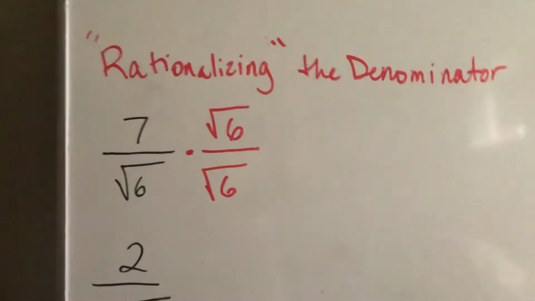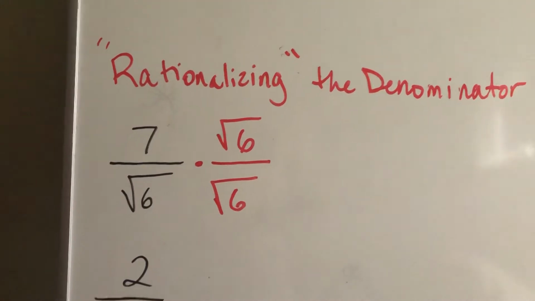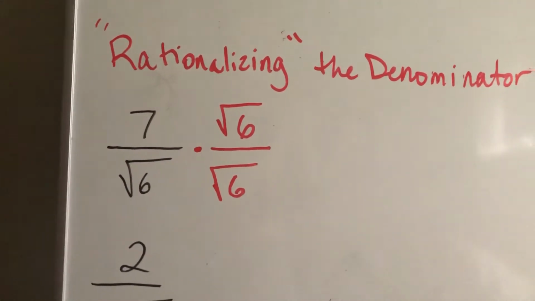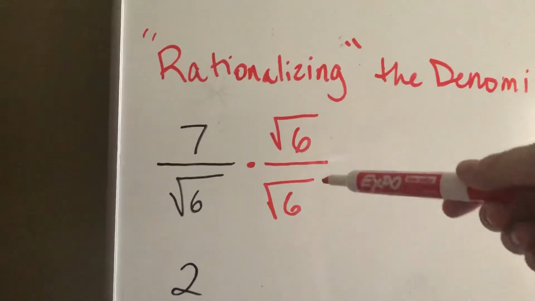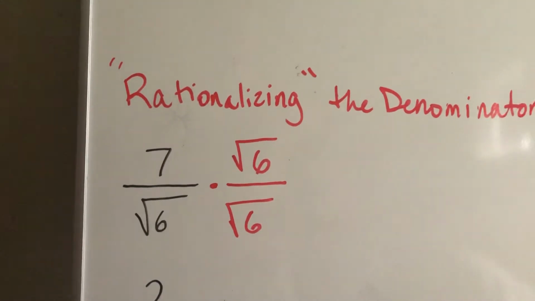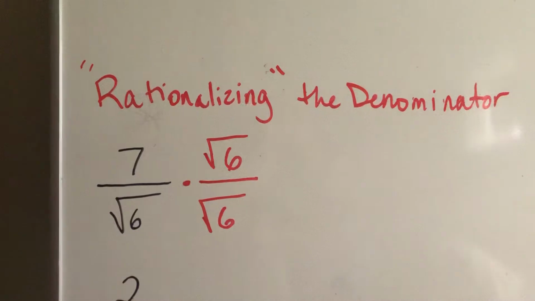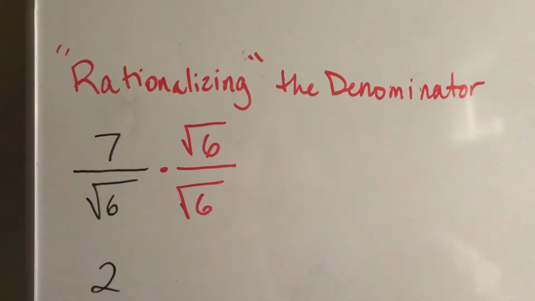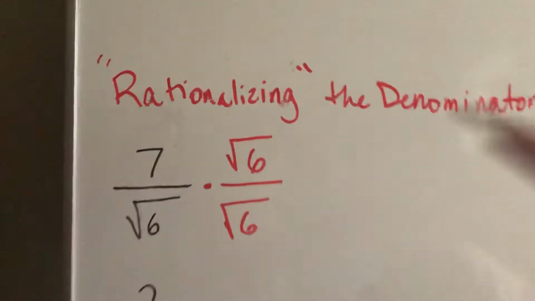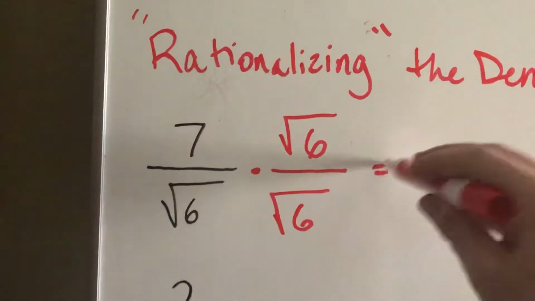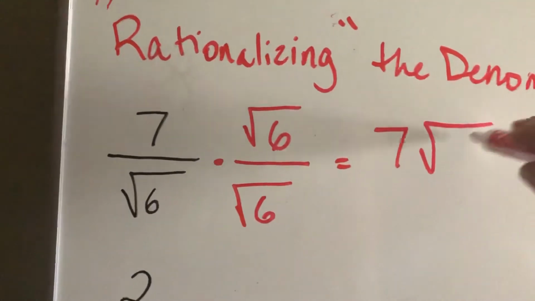Why am I allowed to take root 6 over root 6 and multiply it by this expression out of nowhere? Well, the value of this over this is 1. Multiplying anything by 1 does not change its value, but it's going to allow me to put this in a simplified form. So when I multiply radicals in my numerator, I get 7 root 6.